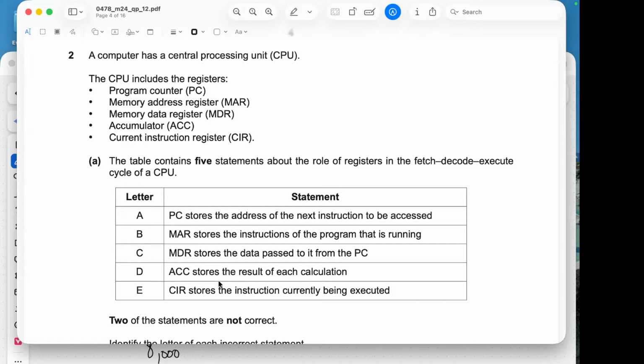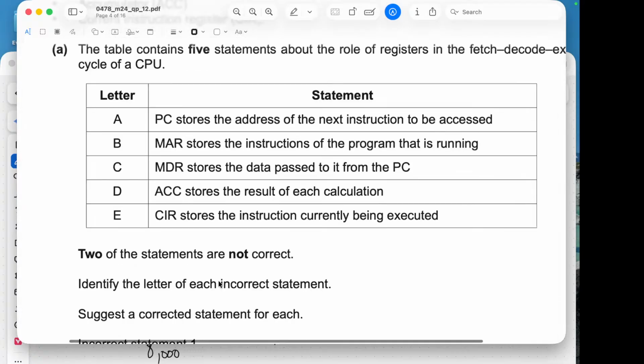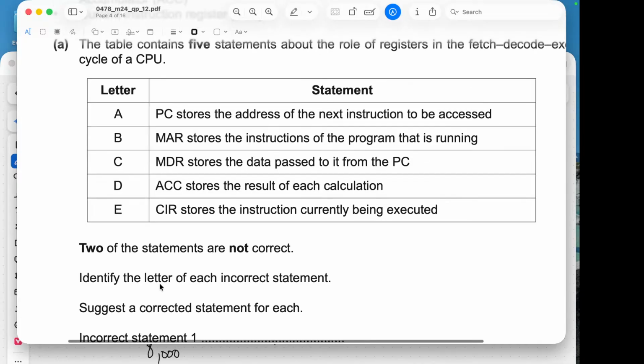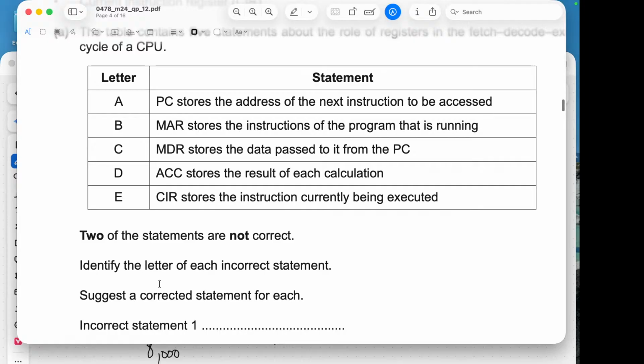The table contains 5 statements about the role of registers in the fetch, decode, execute cycle. 2 of the statements are not correct. Identify the letter of each incorrect statement and suggest a corrected statement. So we're just going to put which one it is and then the corrected statement.